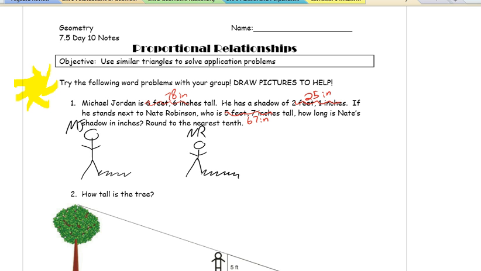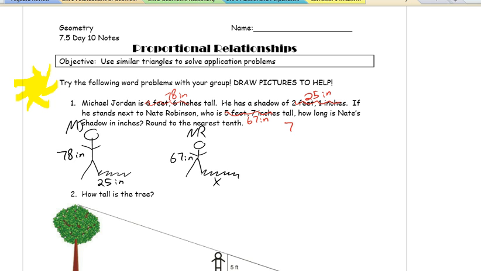Okay, so make sure our labeling is done correctly. We have Michael is 78 inches tall. His shadow is 25 inches. Nate Robinson, we want to figure out what his shadow is, but he is 67 inches tall. How long's his shadow? Well, quite a few ways you can write this.